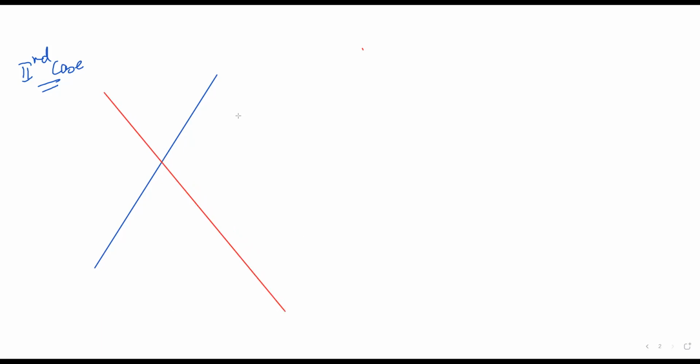Now, this is done in such a way that, now, suppose you had, now this side here is parallel to this side here. It's like this. Okay. Let me cover this up.